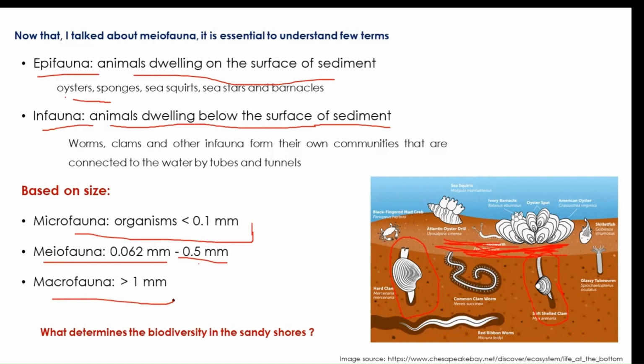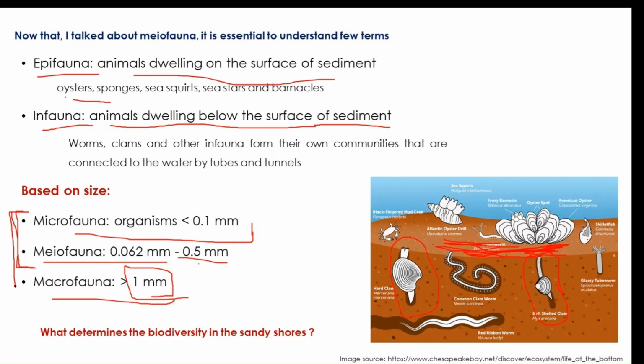All those crabs which you see on the sandy shore come under macrofauna because they are bigger than 1 mm. Animals smaller than 1 mm, you need to filter with sieves in order to look under the microscope and find out the diversity, right? So this is what epifauna, infauna, microfauna, meiofauna, and macrofauna mean. Okay.